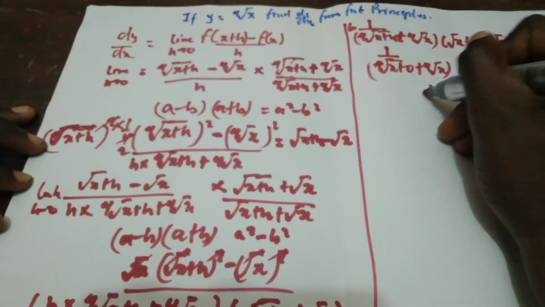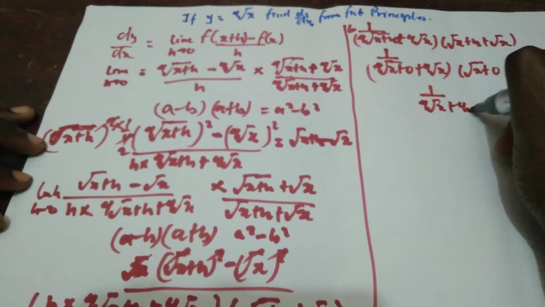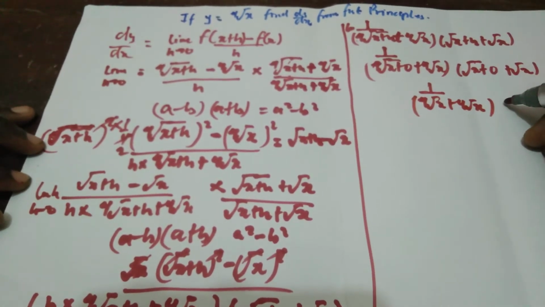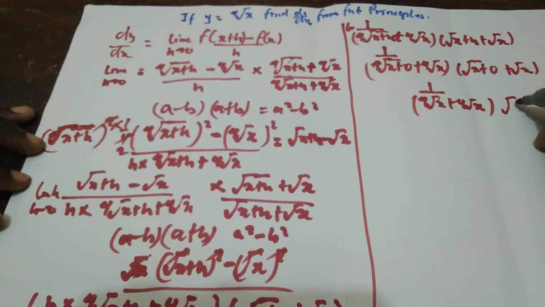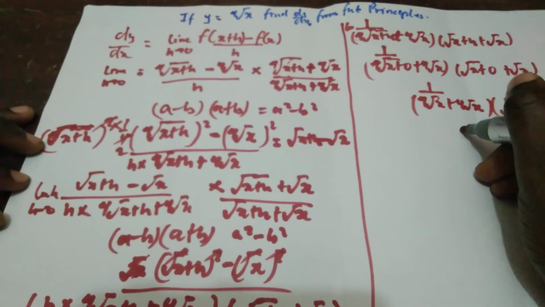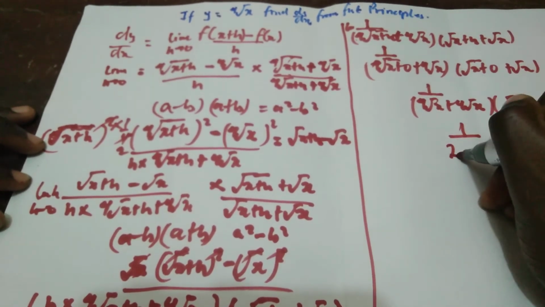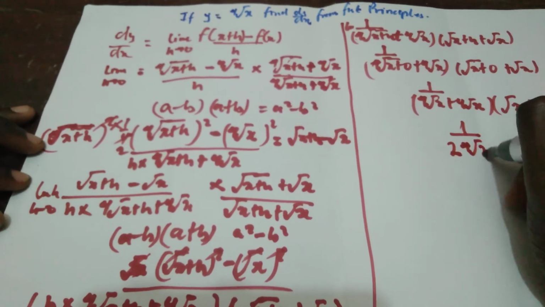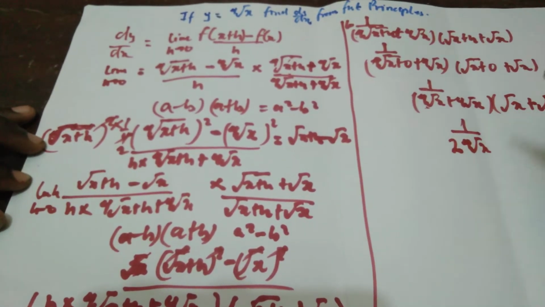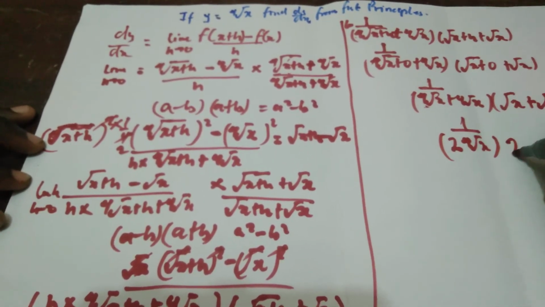So we have 1 over the fourth root of x plus the fourth root of x, and root of x plus root of x. So we have 1 over 2 fourth root of x, and then 2 root of x.